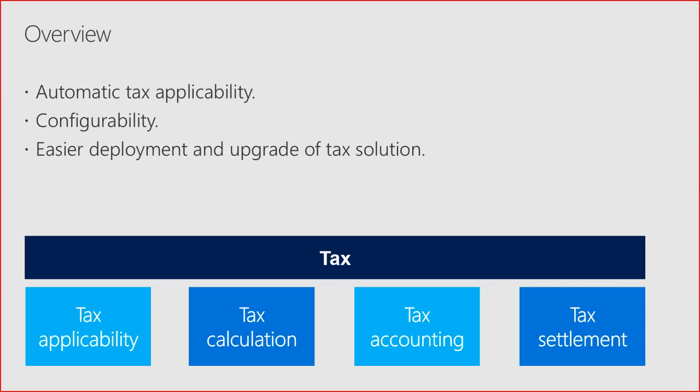There's a lot of flexibility there. And if you think the applicability rule is not suitable for your business, you can easily change it by changing the configuration without any code change. That is the configurability I'm talking about.